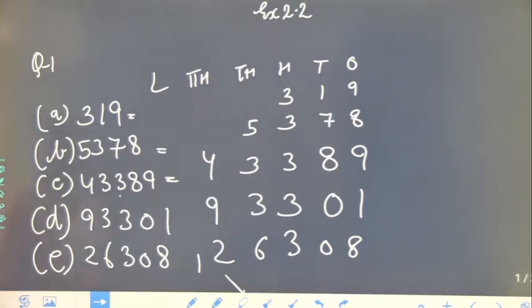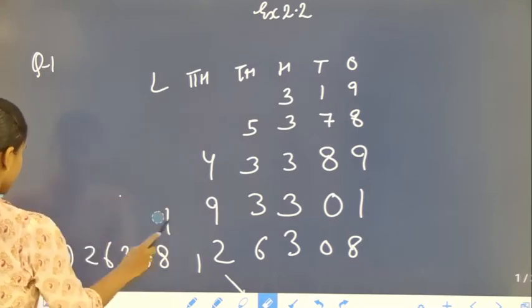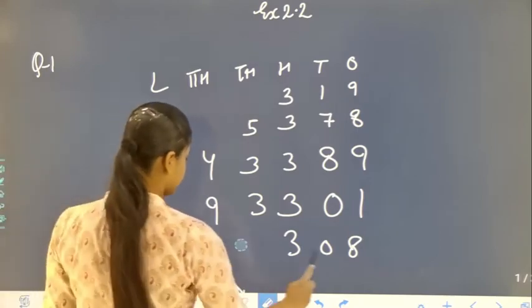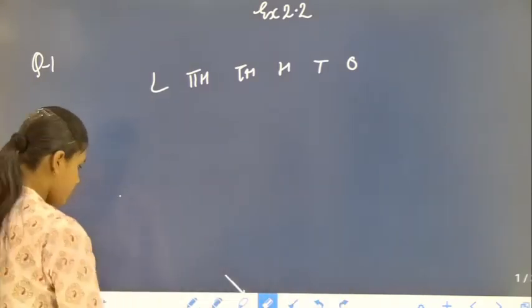Okay. Move to the next part, that is E part. If you want to take screenshot, students, you can take. Then we will move to the next part. Okay, move to the next part, that is F part. That is F part.